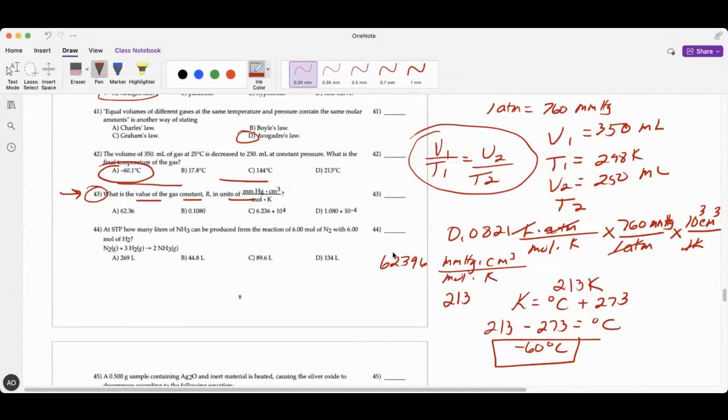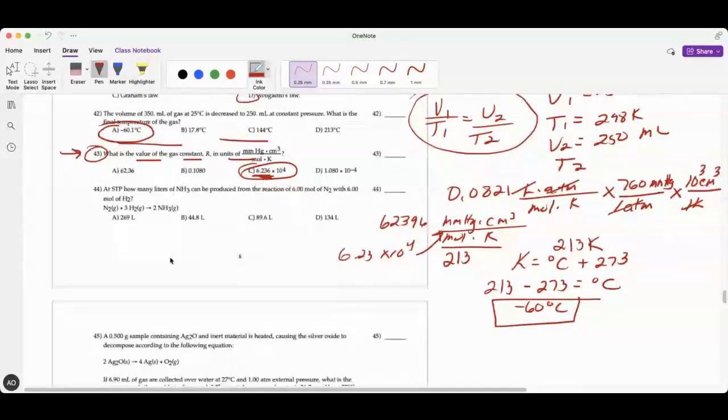So this would be 6.24 times 10 to the 4th. They kept 6.23. It depends on the conversion factors you use, but it'd be 6.23 times 10 to the 4th millimeters of mercury, cubic centimeters per mole Kelvin. So the answer here would be C. Thank you. You're welcome.